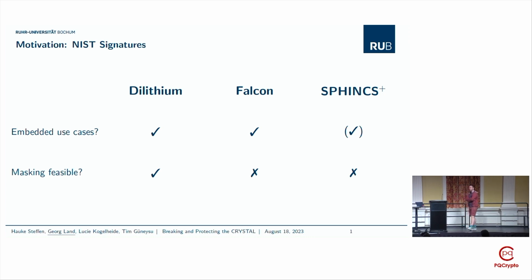It would probably be possible in some Boolean setting, but it would be painfully slow and inefficient, infeasible actually. And I'm not aware of any works towards masking SPHINCS+. Then again, it's already kind of slow, so it would be even slower in embedded use cases.